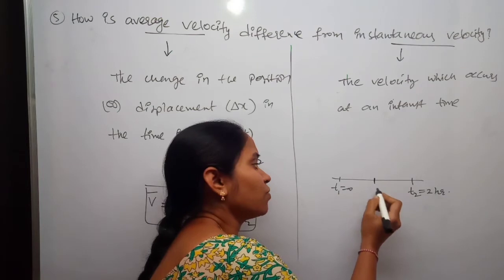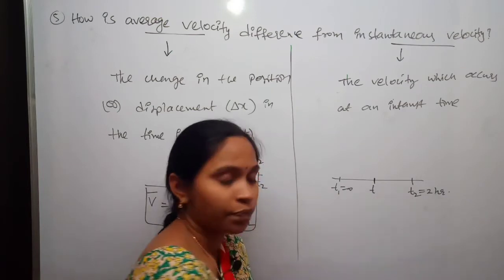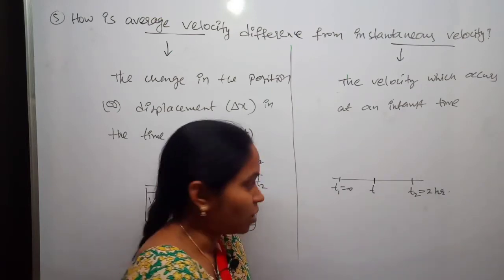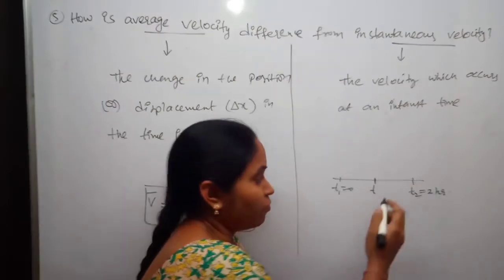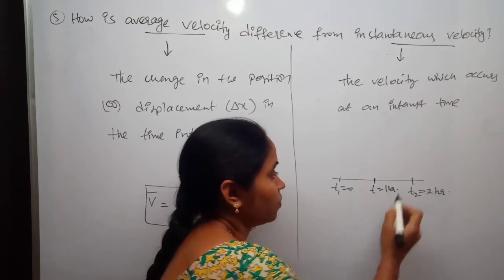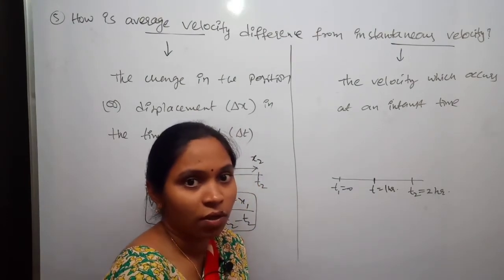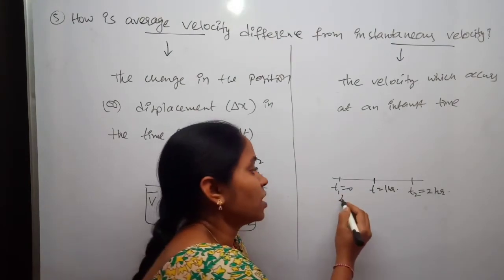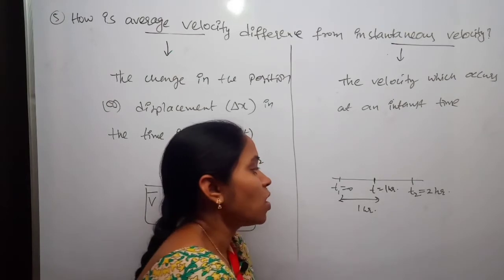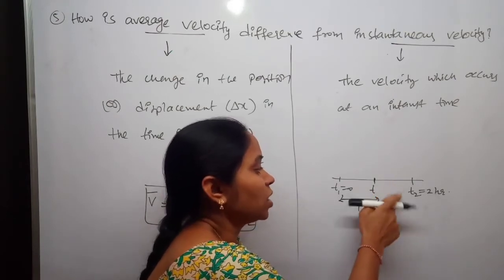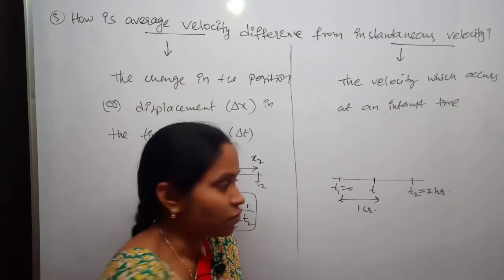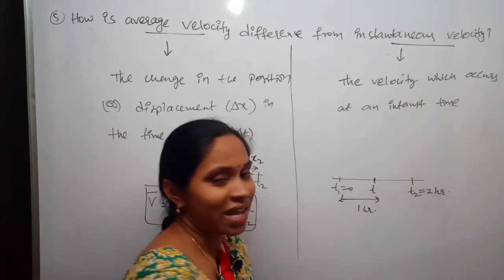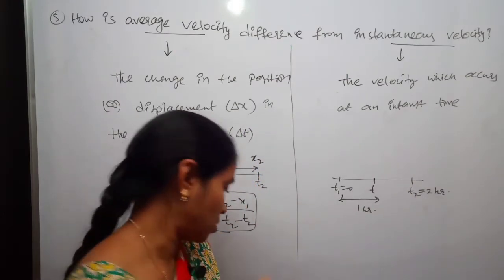At this instant of time I am taking it as t, after traveling for 1 hour, what is the velocity of the car? I have to find out. This velocity is known as instantaneous velocity.